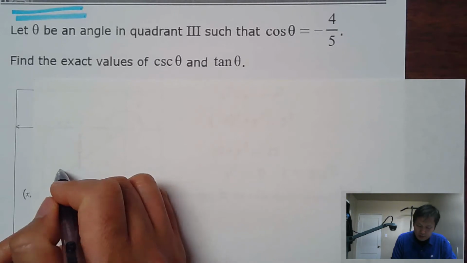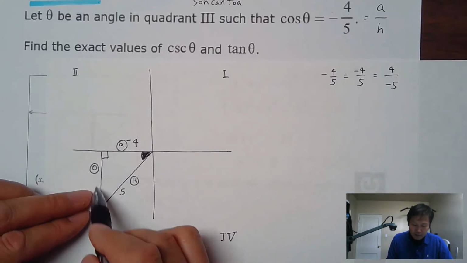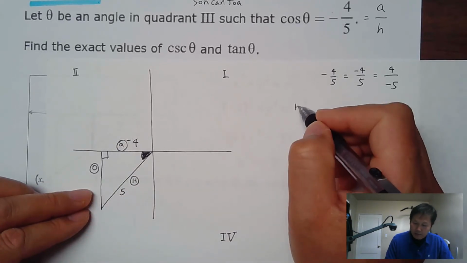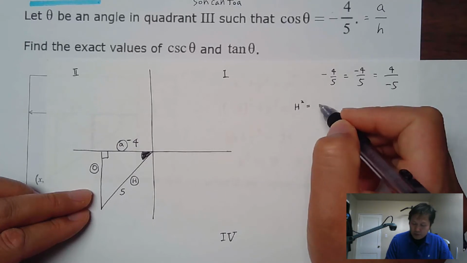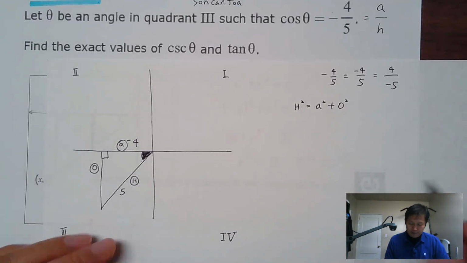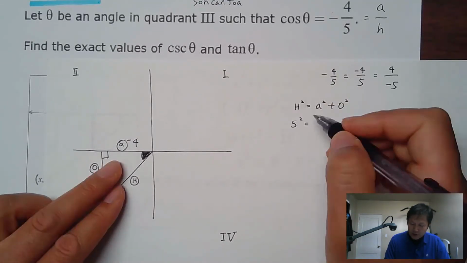We have to find the missing length, which is the opposite. Exactly the same: hypotenuse squared equals adjacent squared plus opposite squared, using the Pythagorean theorem.